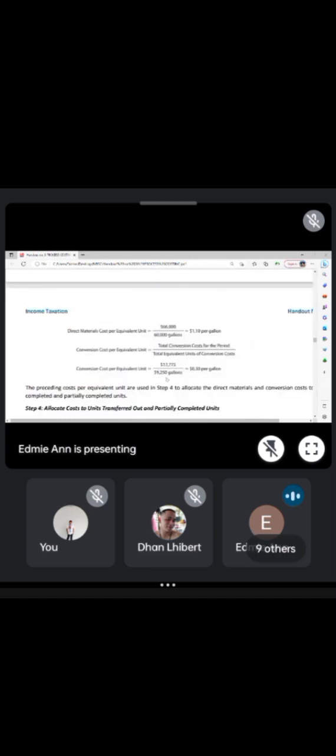So 17,775 divided by 59,250 is equal to 0.30 per gallon. So kada isa ka galon nga ice cream sa mixing department, kada isa ka equivalent unit niya ay 0.3 nga conversion cost. 0.3 per gallon, kada galon.